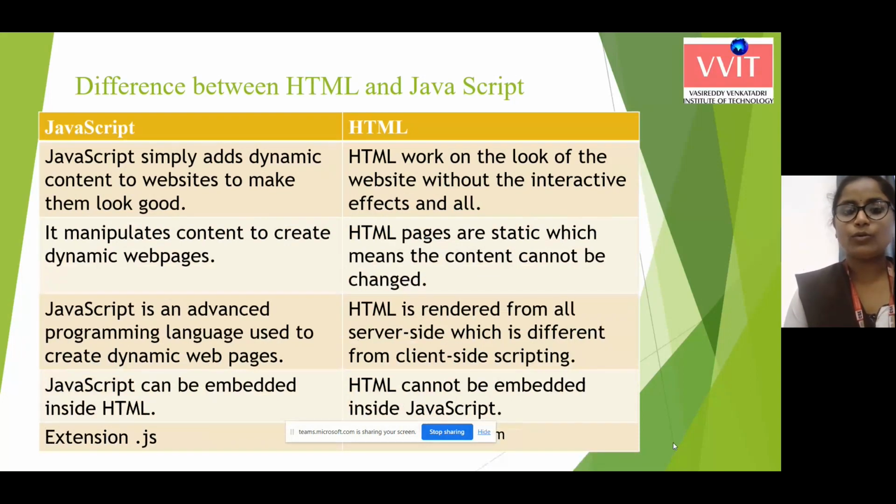It makes the page look good, but HTML does not show interest in interactivity with the pages, and we can manipulate the JavaScript content. JavaScript content can be embedded in HTML, but HTML content cannot be embedded in the JavaScript language. These are the basic differences. And the JavaScript extension is .js, the HTML extension is .html or .htm.